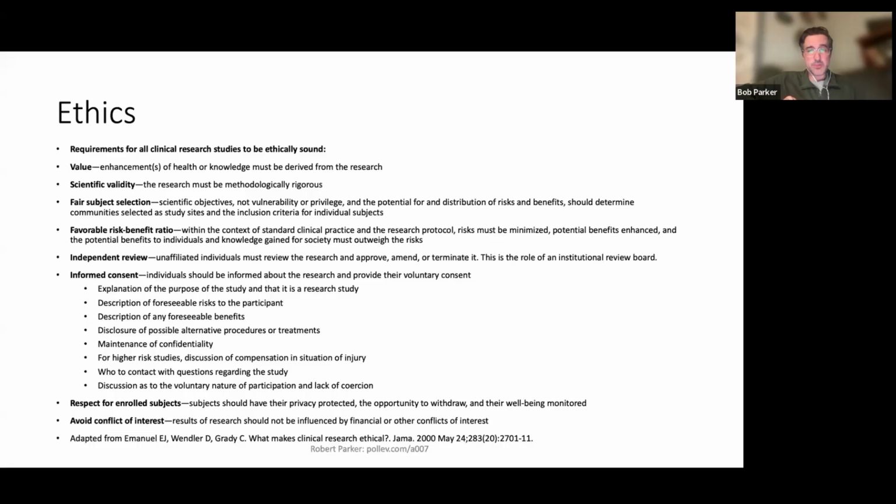This is paramount: to respect their privacy, allow people to withdraw, and know that their well-being is monitored. And we as researchers need to avoid and declare any conflict of interest. This is particularly relevant in medicine. If a device or pharmaceutical company is involved, it needs to be declared, and we need to make sure that we are not influenced by any financial or other conflicts of interest. Okay, I really just wanted to touch on ethics there.